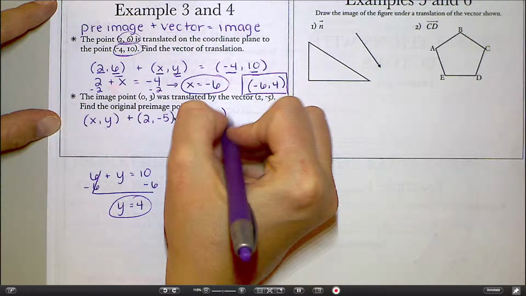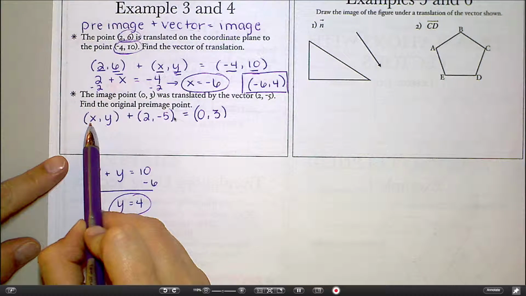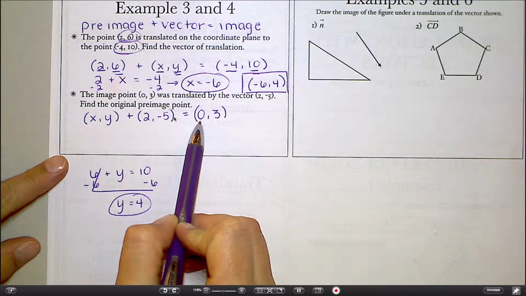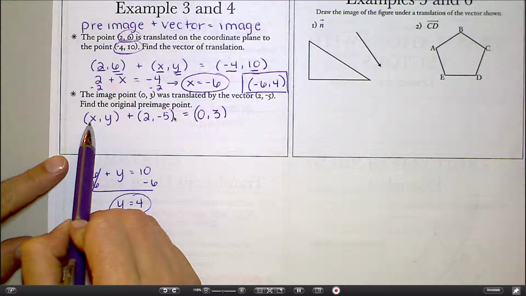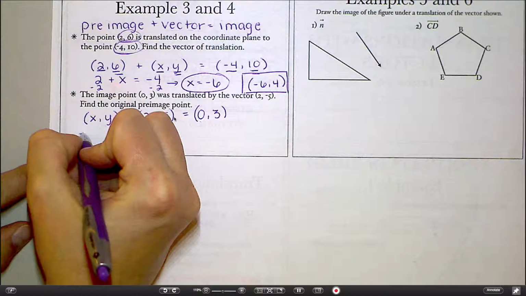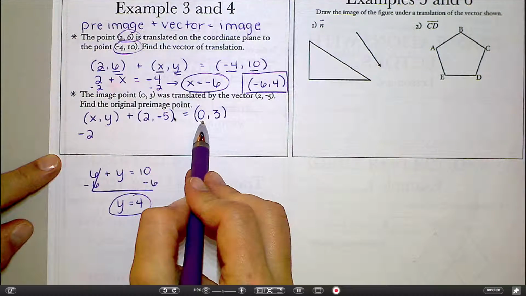Maybe I'll try to do this one without writing it out, because sometimes writing it out looks more confusing. So I know that x plus 2 has to equal 0. What plus 2 equals 0? Well, that would be -2.